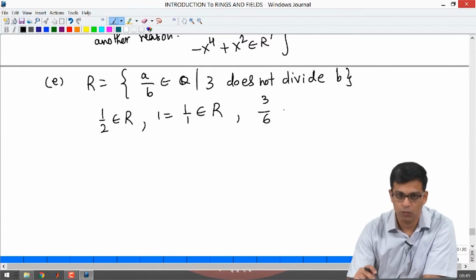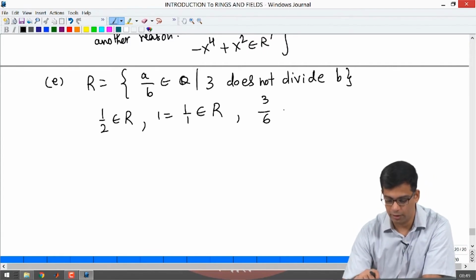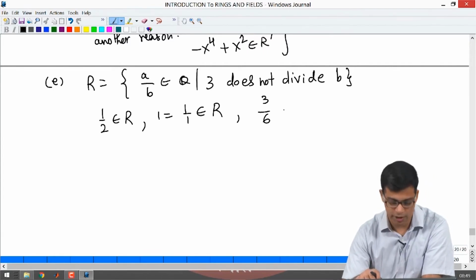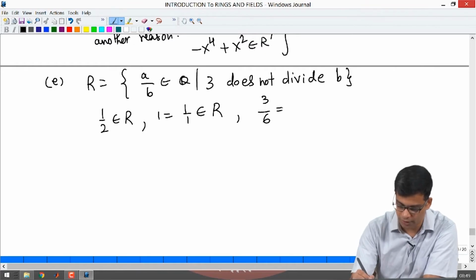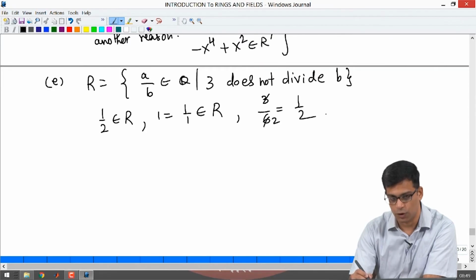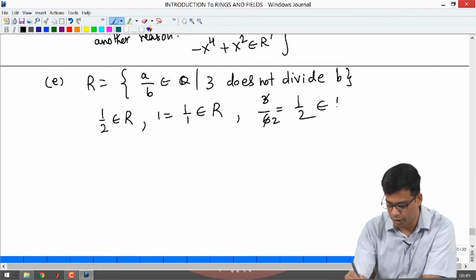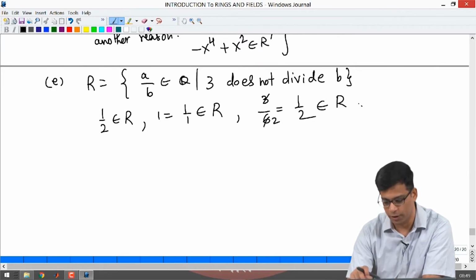Is it in R? If you think about it, 3 divides 6, so it looks like it is not in R, but remember, before you can check whether 3 divides the denominator or not, you have to cancel the common factors. So, you cancel common factors, 1 by 2 is what you get, and then 3 does not divide the denominator. So, it is in R.